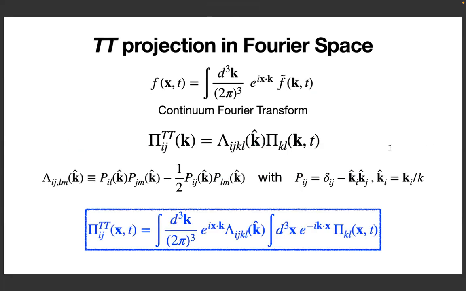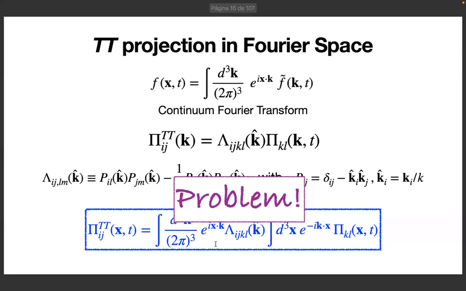Now, if we Fourier transform first our anisotropic stress tensor in real space, then we project it to transverse traceless space, and then we want to get it back into real space, we will need to make a backwards Fourier transform. And this is a problem, as you can see.